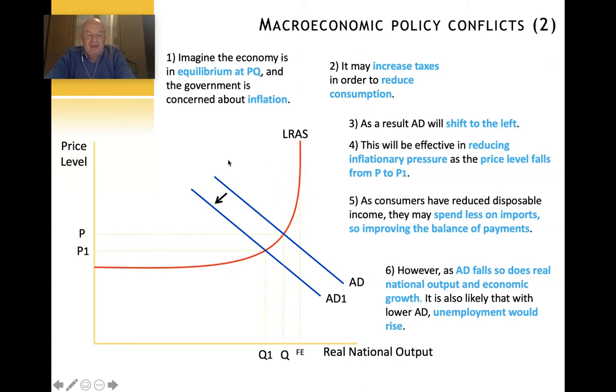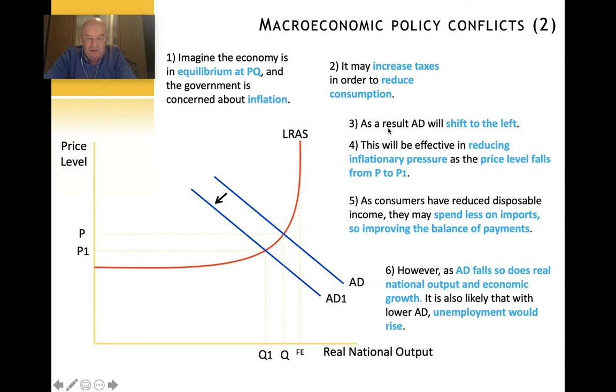So in order to address that inflation issue, it might choose in this case to increase taxes in order to reduce consumption. Now, if it's going to increase taxes, that would clearly be a demand side policy, wouldn't it? So it's trying to influence demand, and increasing taxes would hopefully reduce consumption.